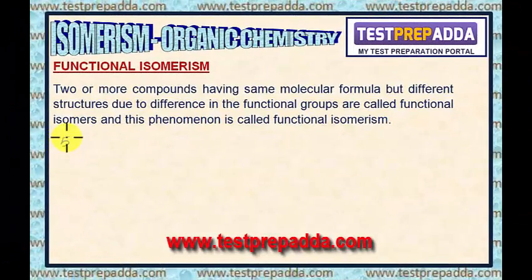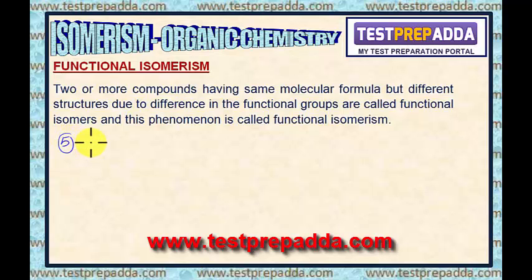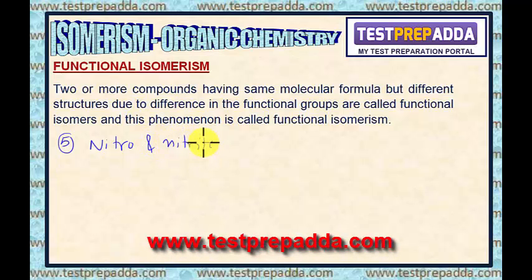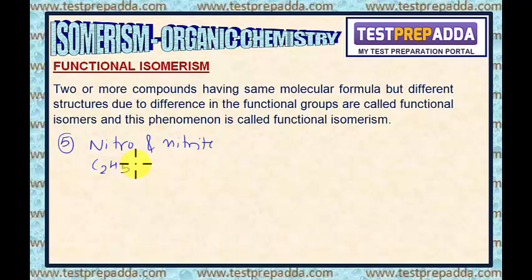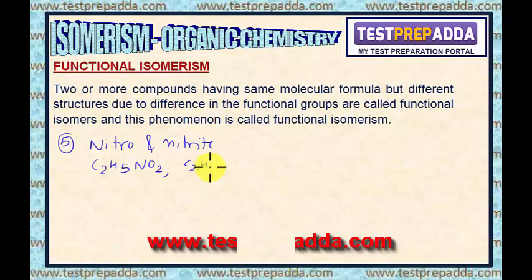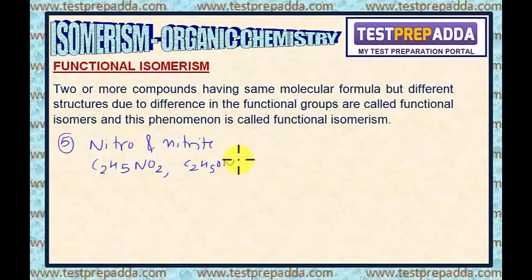Another case for functional isomerism, you write like nitro and nitrite group. For example, C2H5NO2. This is given. You can also write this as C2H5ON.